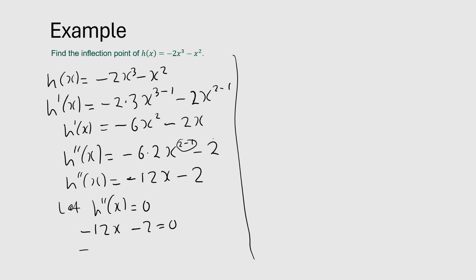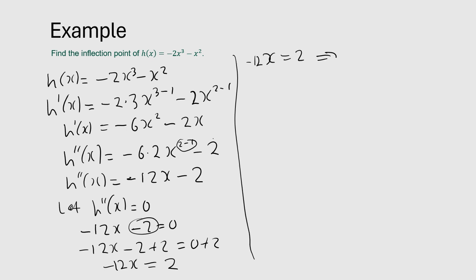So we add 2 to both sides: minus 12x minus 2 plus 2 is equal to 0 plus 2. We add the 2 to remove this minus 2. So we are left with minus 12x is equal to 2.